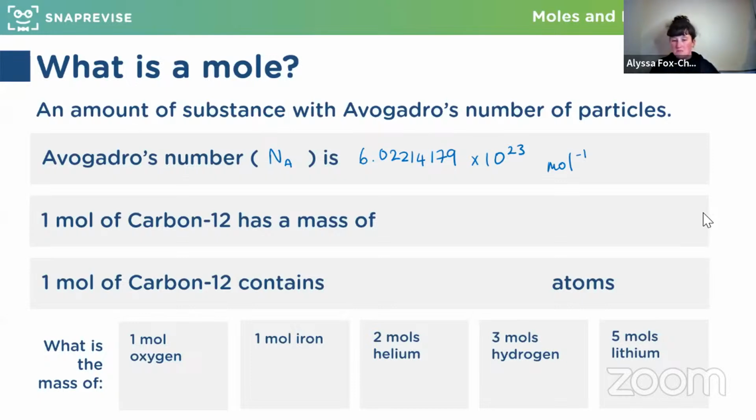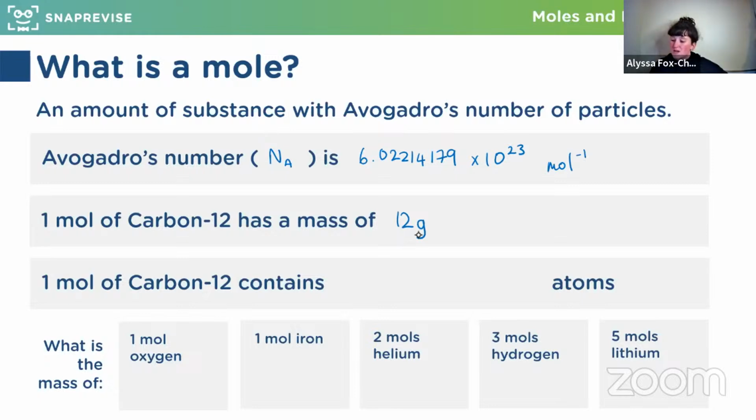So just to prove that, 1 mole of carbon-12, as in 6.022 times 10 to the 23 atoms of carbon-12, has a mass of 12 grams. Let's do that in blue, actually. 12 grams.